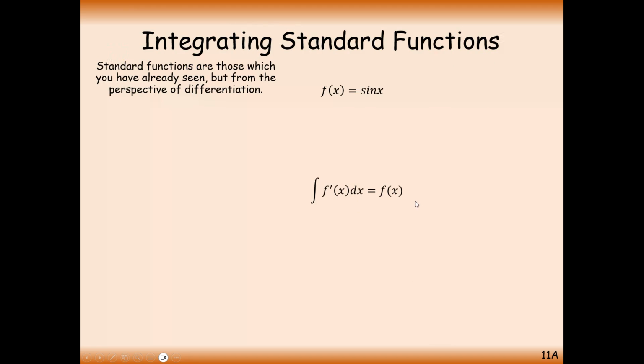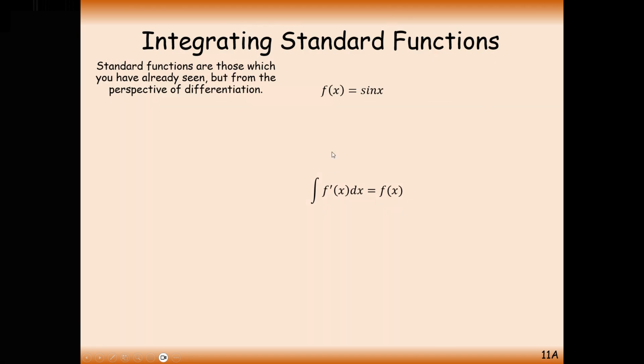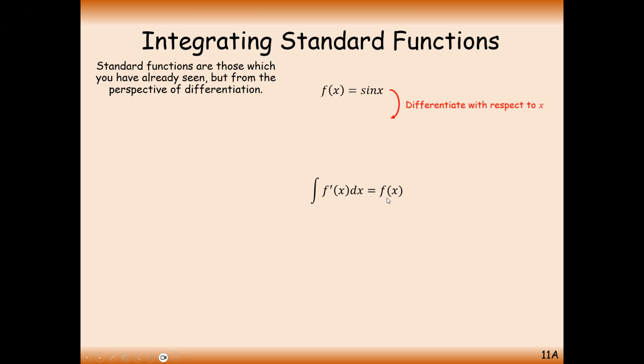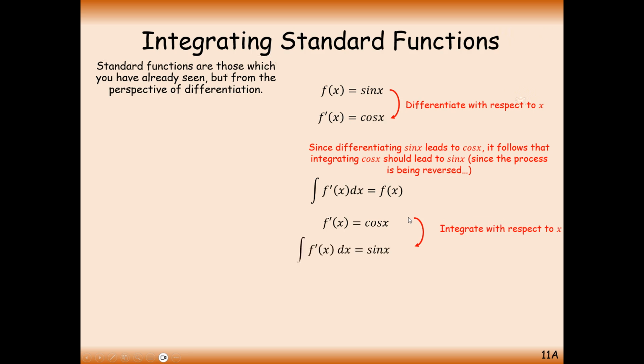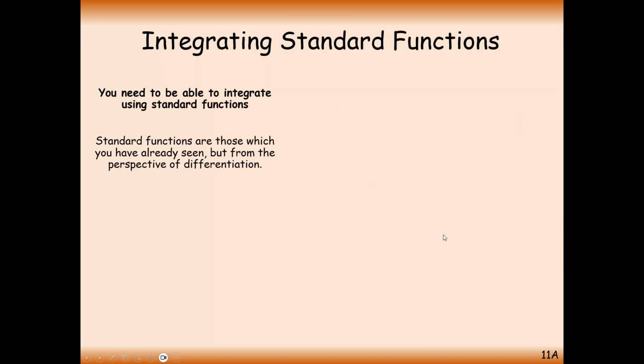Again, one more time. If you integrate a derivative, you will get the original function back. You should remember that from previous year as well. If you integrate cos, you will get sine.